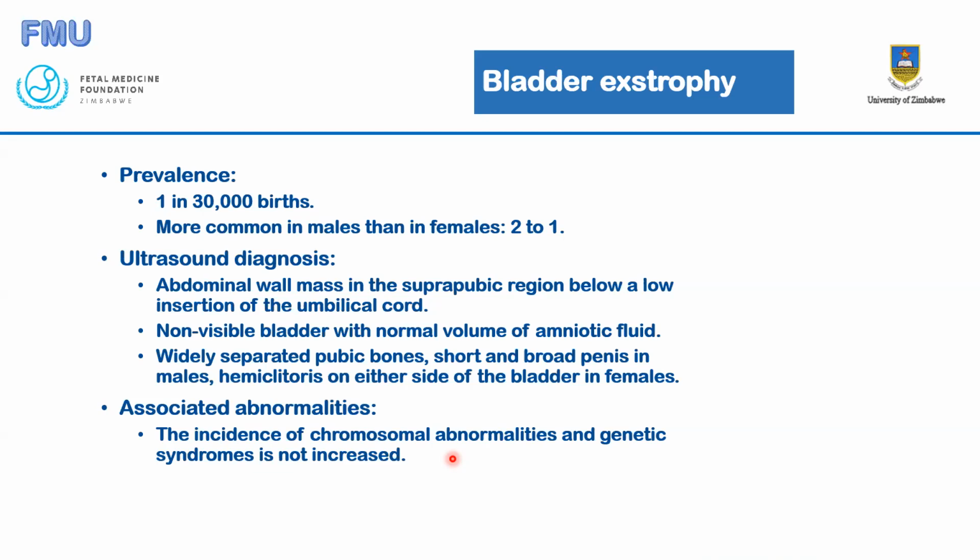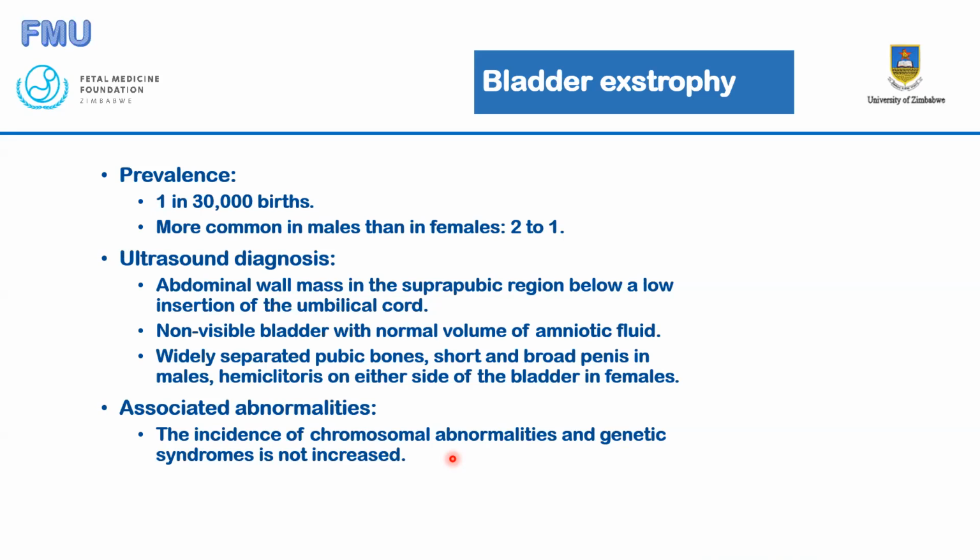The ultrasound scan diagnosis: there is an abdominal wall mass in the suprapubic region below a low insertion of the umbilical cord. So we normally suspect it through a low insertion of the umbilical cord, and there is non-visibility of the bladder while the amniotic fluid is normal. So there will be no bladder visualized.